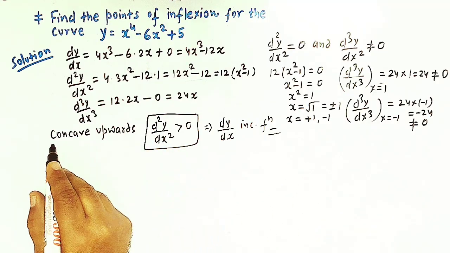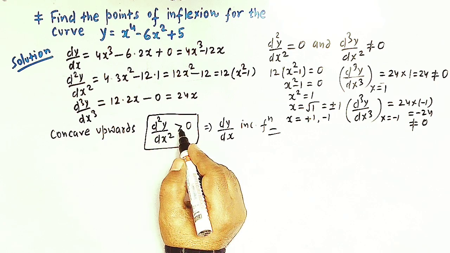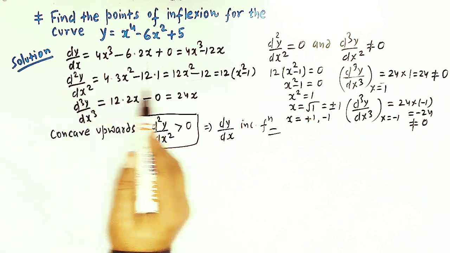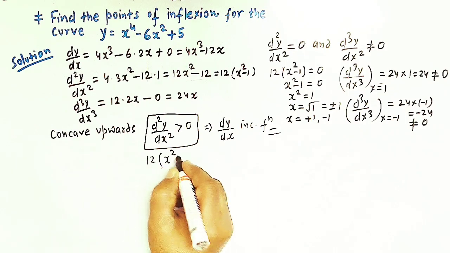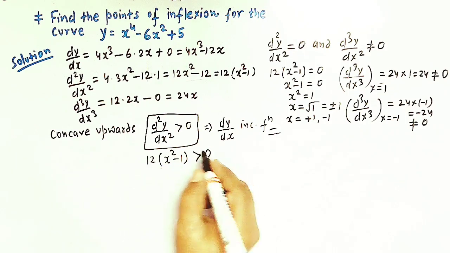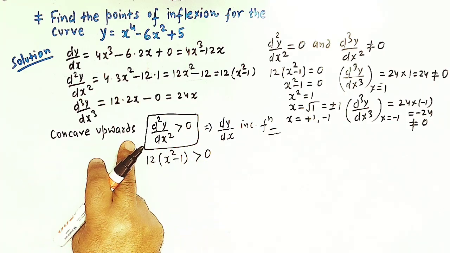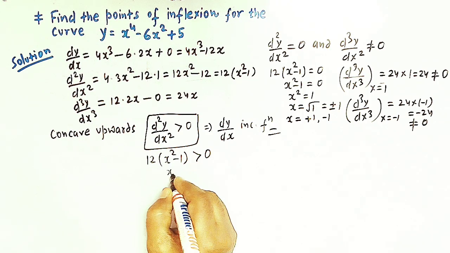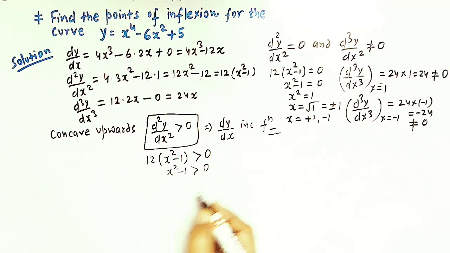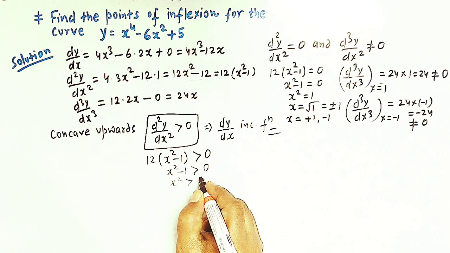So here for concave upwards we have this condition: the second derivative should be greater than 0. Now the second derivative is given by 12 times x square minus 1. This should be greater than 0. So here we are to find out the intervals where this function is concave upwards. So we have now x square minus 1 greater than 0 and x square is greater than 1.